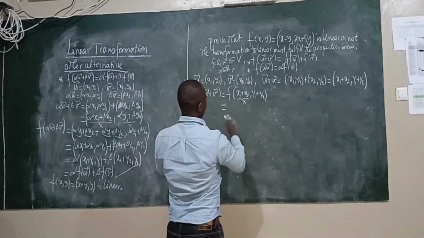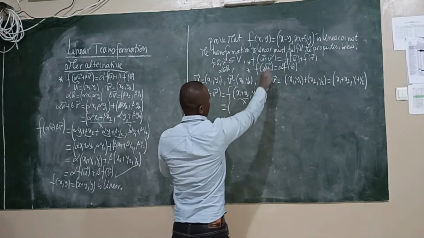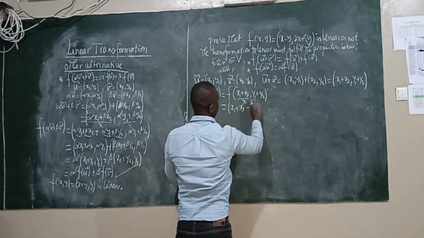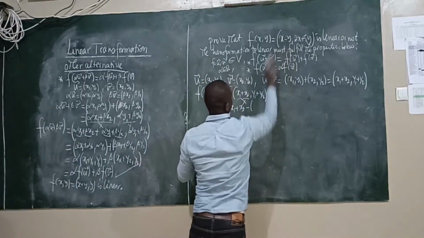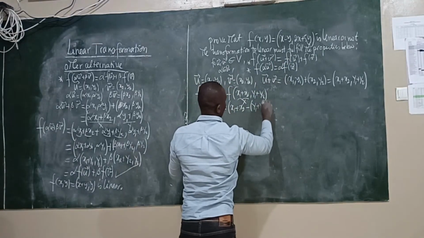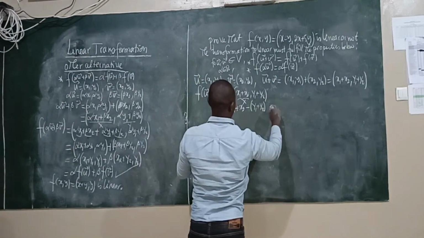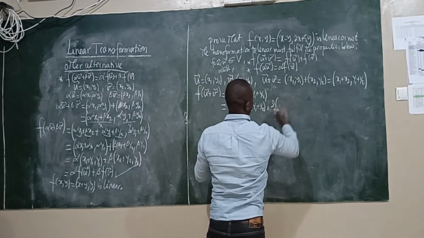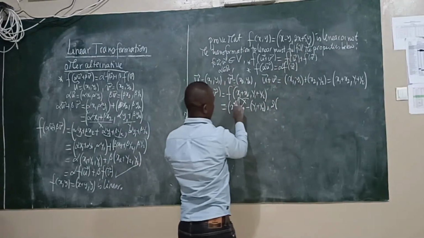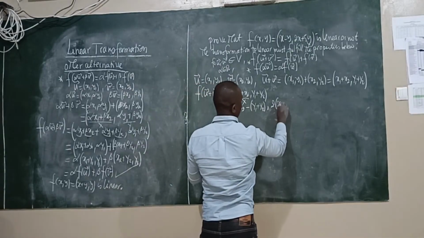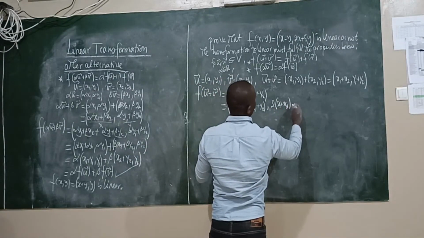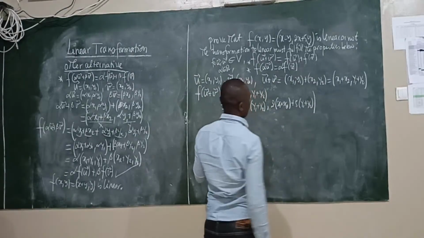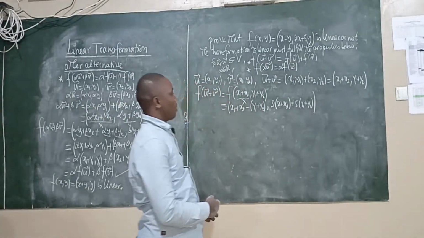So instead of x, we have x1 plus x2, minus, instead of y, we have y1 plus y2, comma, and here we have 2 times x1 plus x2 plus 5 into y1 plus y2.